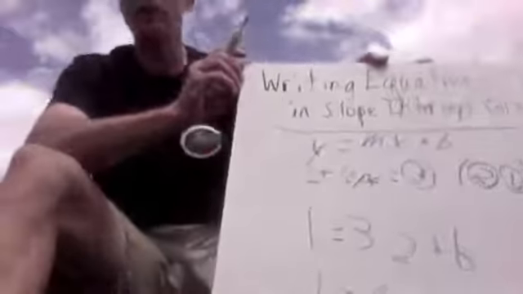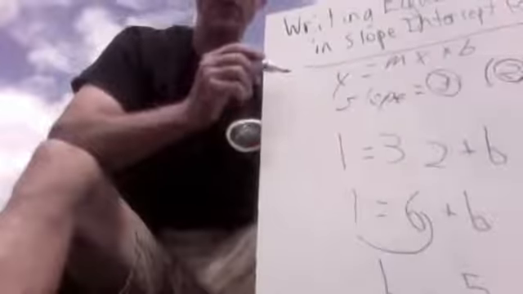Take the 6 to the other side, and we get b equals, this is a little hard for me to do upside down, -5. Okay, does that make sense? So b equals -5.